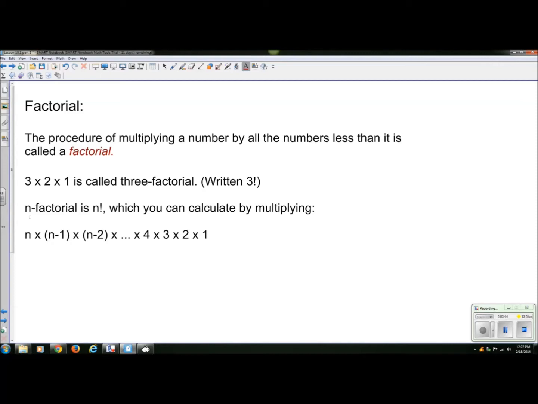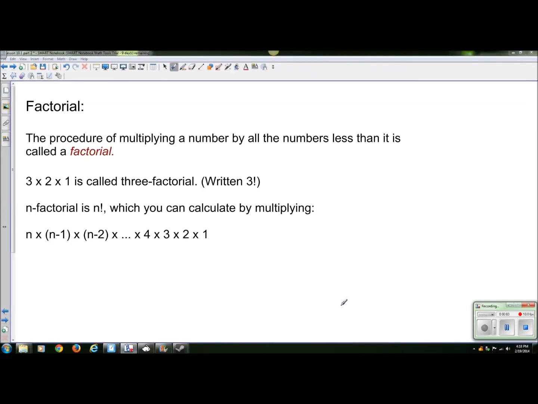So n factorial is n exclamation point, and you can calculate that by multiplying n times n minus 1 times n minus 2 all the way down to 1. One important thing to mention is that 0 factorial is defined as being 1. The reason for this is there's only one way to choose 0 things from a set.